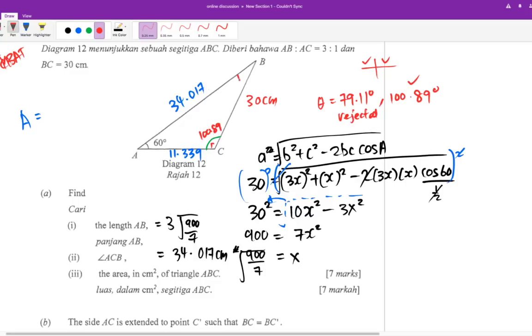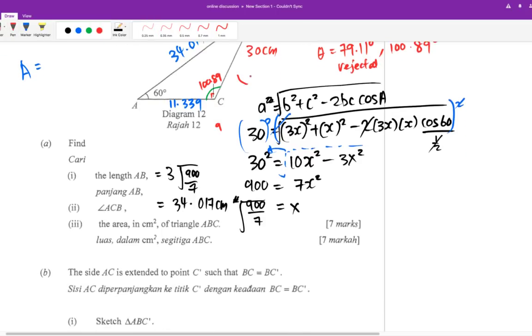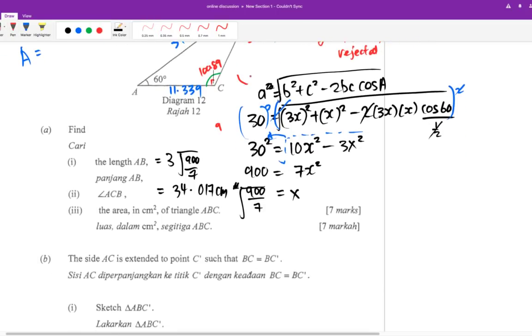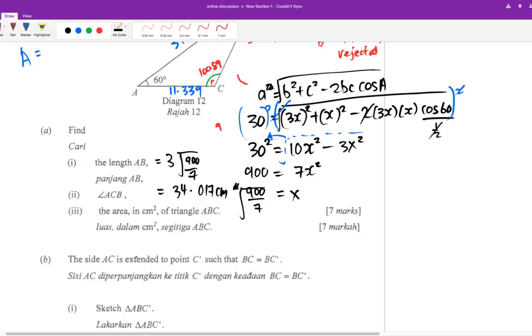Then I can get this angle if I want. Okay, so let's go to the ambiguous case here. The side AC is extended to the point new C, such that BC and BC will be the same.